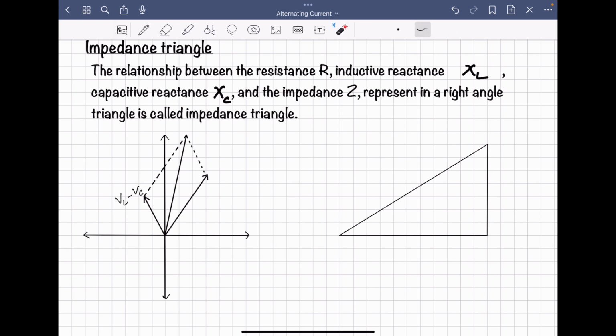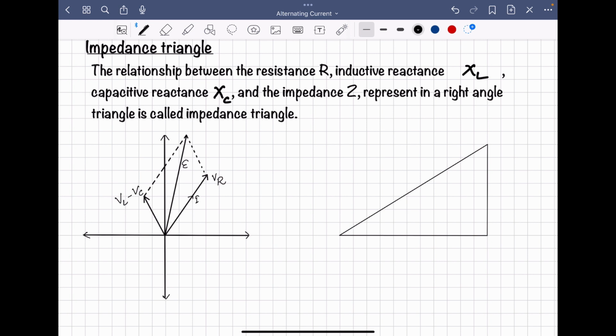And then along this direction, we have both I and VR, yes or no? Just write that down also. Here you can write I, here you can write VR. Okay. And then finally, along this resultant direction is our E.